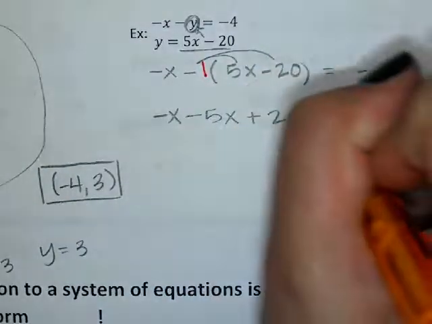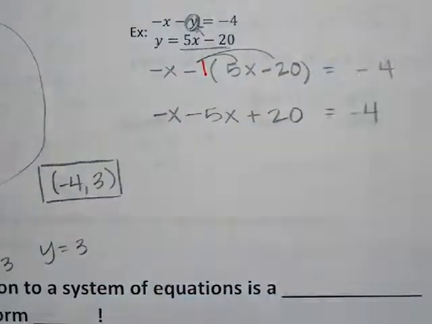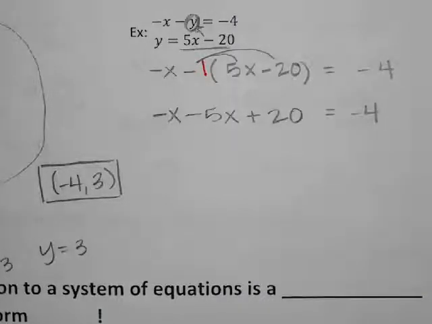And then what should we do? Simplify. So we're going to combine like terms. We have a negative x and a negative 5x. So if you have one negative and 5 negatives, 6 negatives.